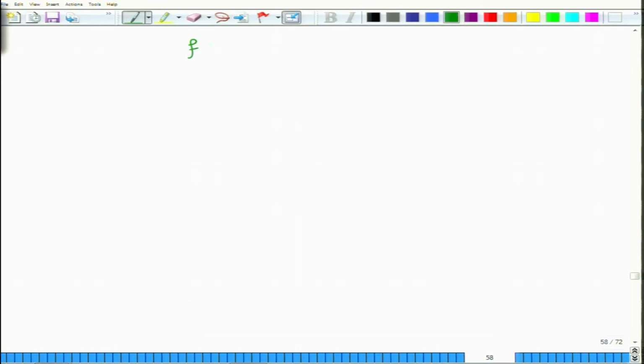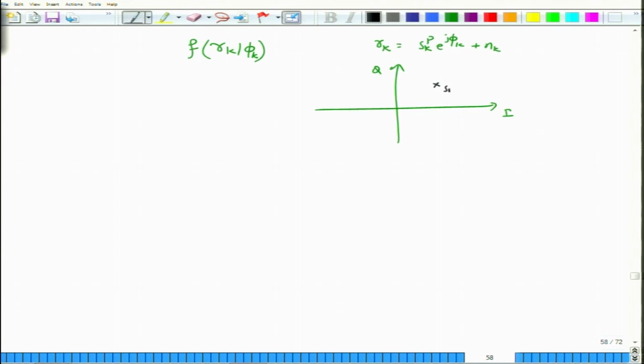So what is the conditional distribution function of r k given phi k? Well, r k is given by s k e to the power j phi k plus n k. First let us think about this in terms of a vector. In the in-phase and quadrature space, r k and n k are all going to be vectors. So first let us assume that I have transmitted this symbol, which is say s k, so that is the vector here, and then because of the phase noise, this vector has moved and become s k e to the power j phi k.